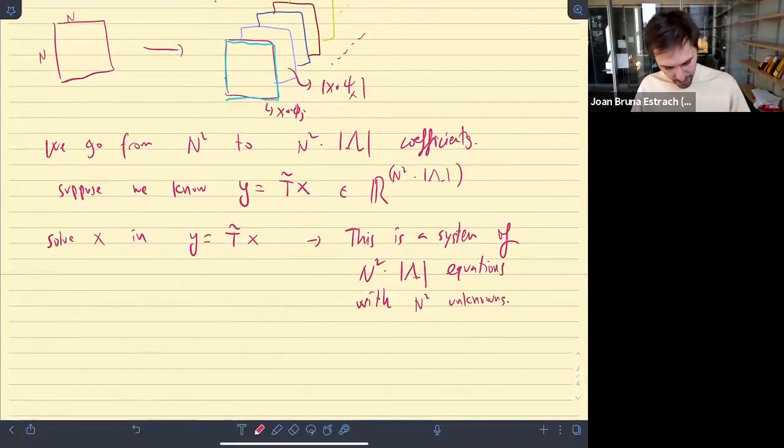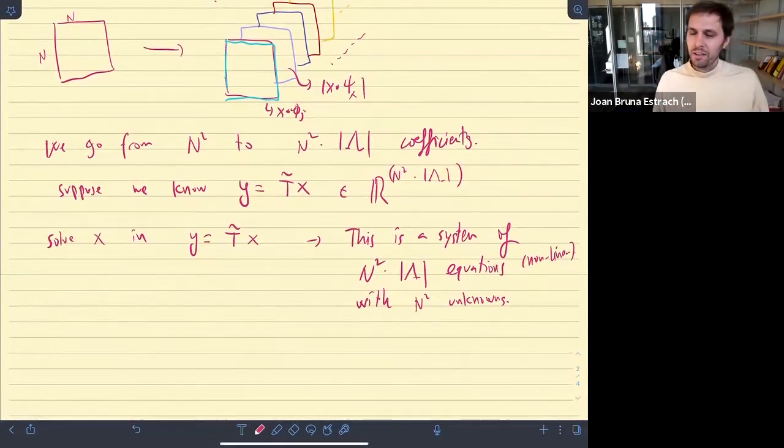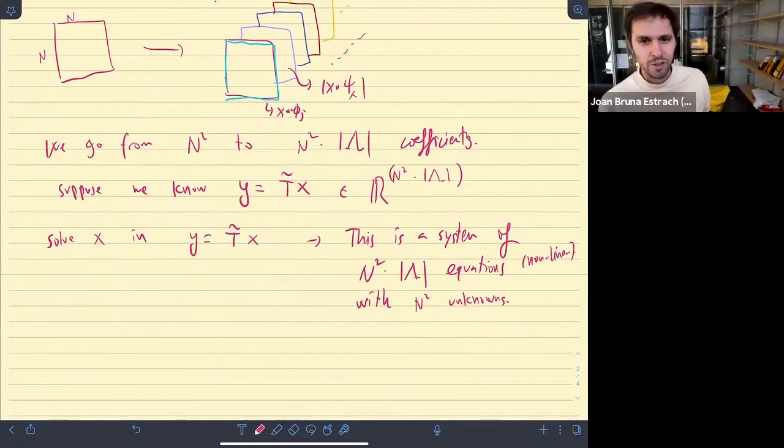These equations are nonlinear, but still I have many more equations than unknowns. And I know there's one solution, because these coefficients y really come from some x. So the question is, when is this system of equations going to have a single solution that is x?